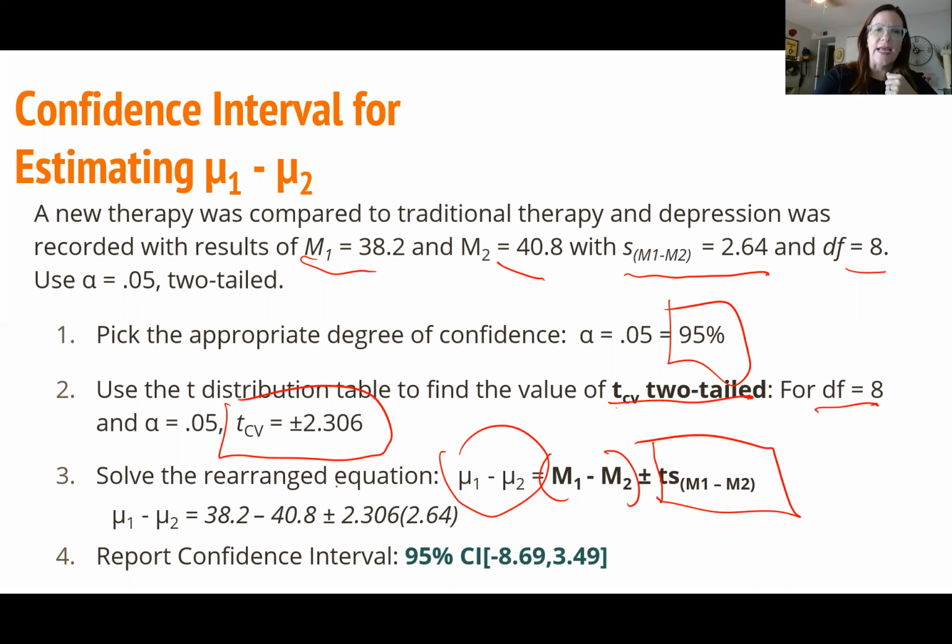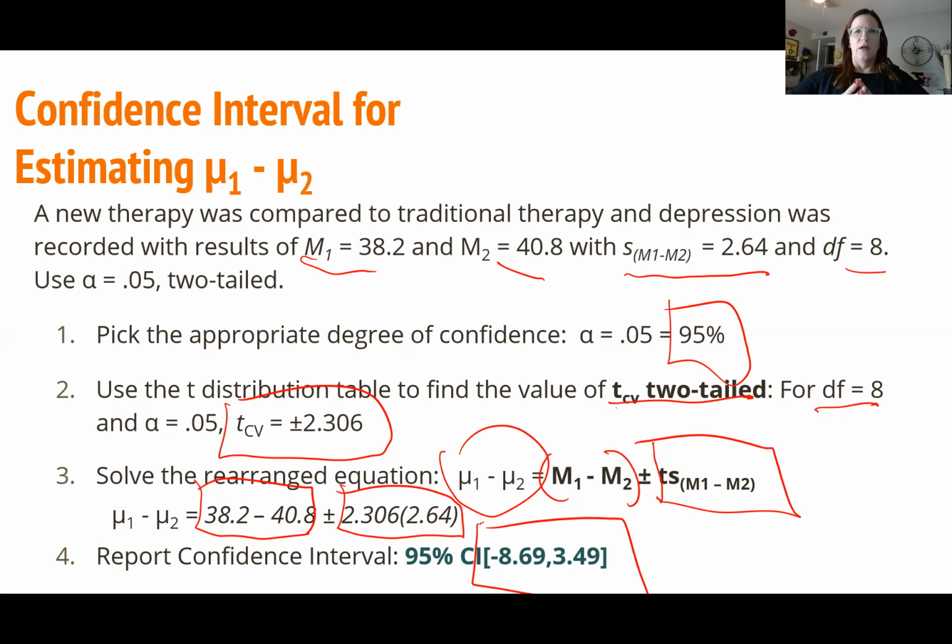I take this product and subtract it from the difference, and then I add it to the difference, so that I can get the lower boundary and the upper boundary, which is negative 8.69 for the lower boundary. The upper boundary is 3.49.